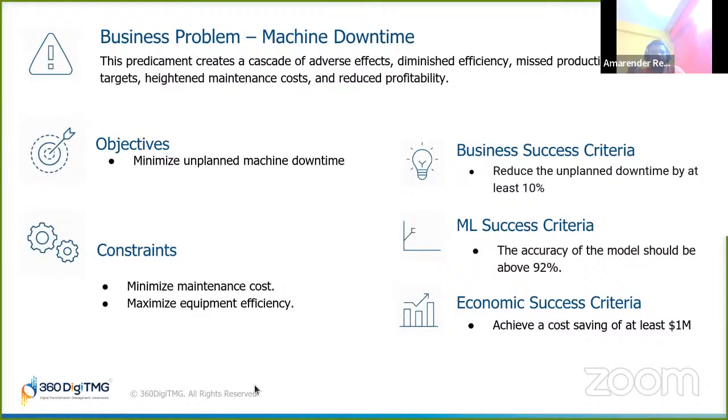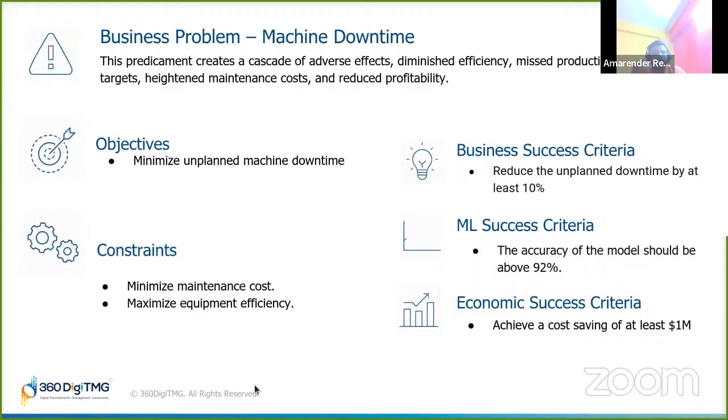We have constraints like maximize as well as minimize. We need to minimize the maintenance cost and maximize the equipment efficiency. We also have machine learning success criteria, business success criteria, and economic success criteria. For business success, we need to reduce the unplanned downtime by at least 10%.